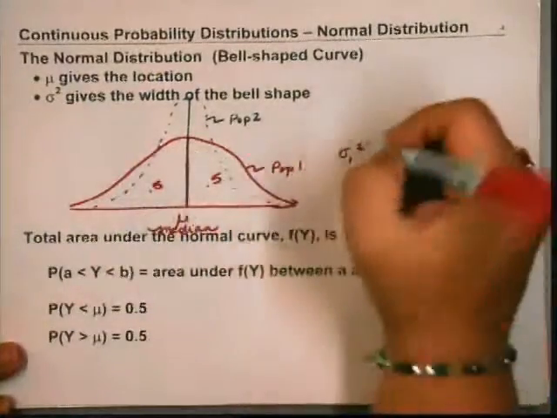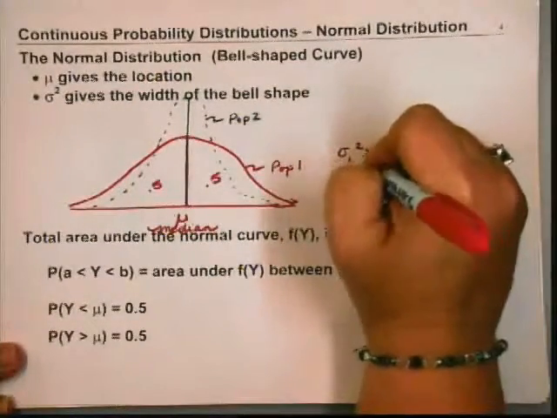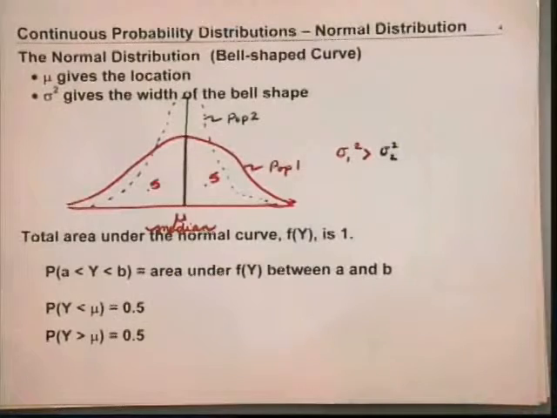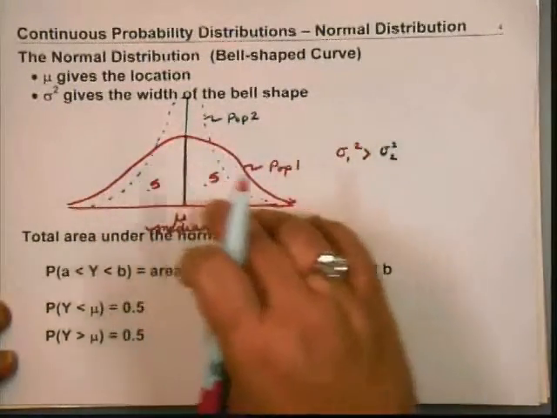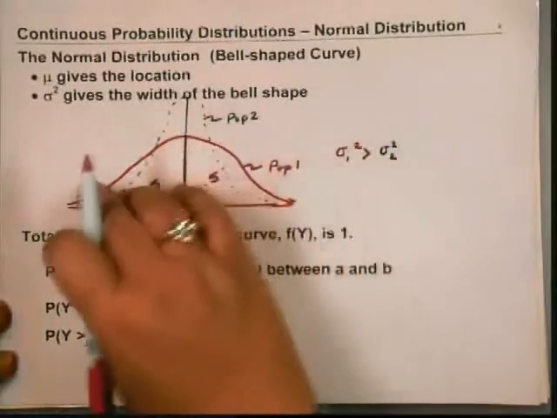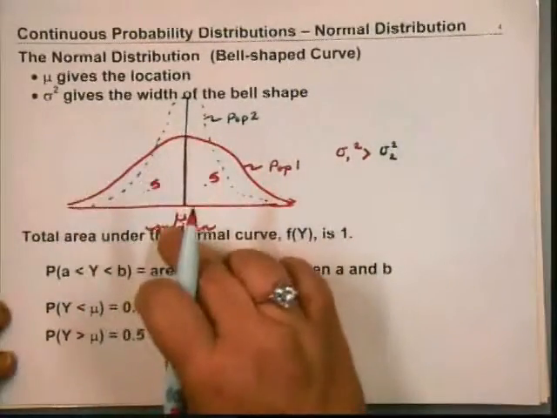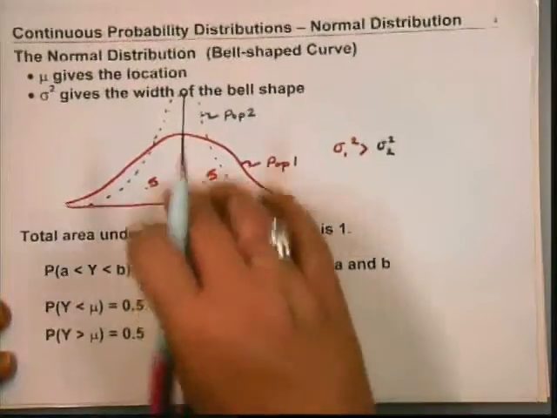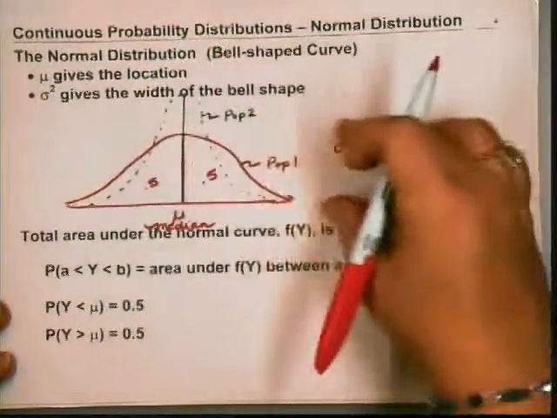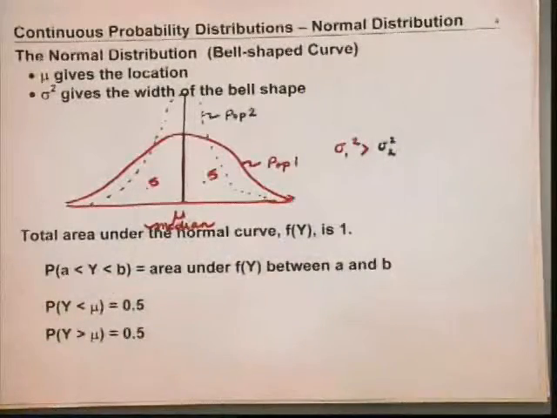The areas are both 1, and so that implies that the variance of population 1 is larger than the variance of population 2. If the variances were exactly the same and the means were different, then we could have this solid red distribution with mu 1. If we had a third population with a mu 3, but the same variance, it would be moved over and centered at the value of mu 3. Does that make sense?